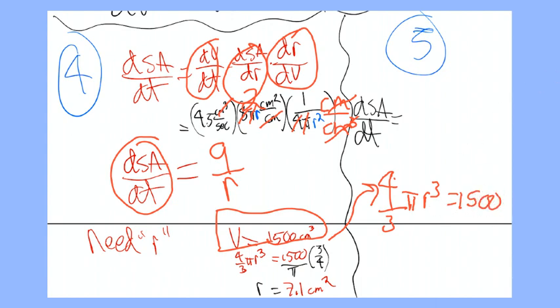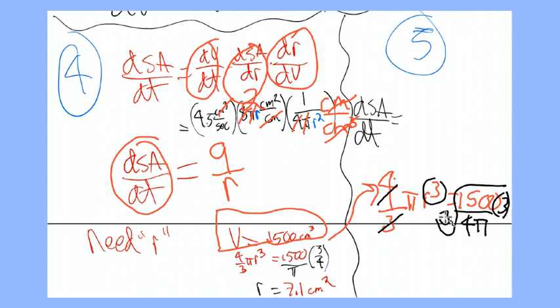Now, how do I isolate for r? 4 divided by 3, so that means I'm going to have to divide by 4 and multiply by 3, right? That's the inverse of 4 over 3. That says multiply by pi, so we will divide by pi. And this says cube, and the inverse of that is going to be the cube root.